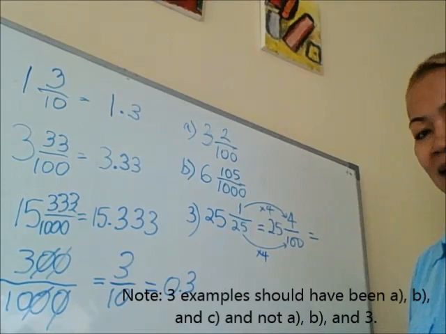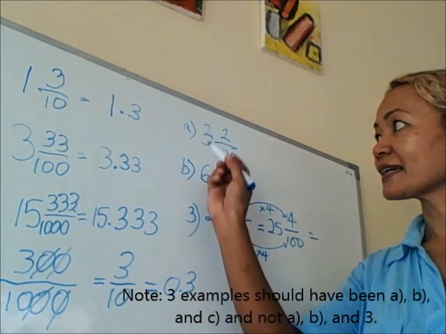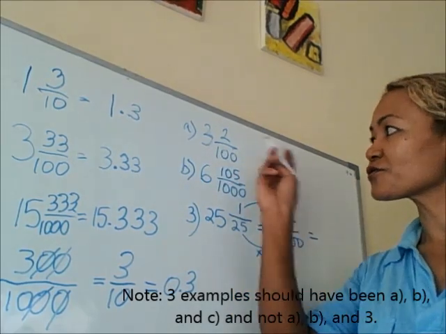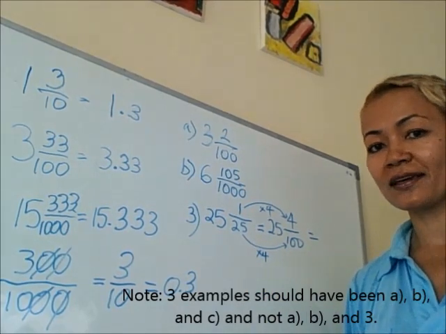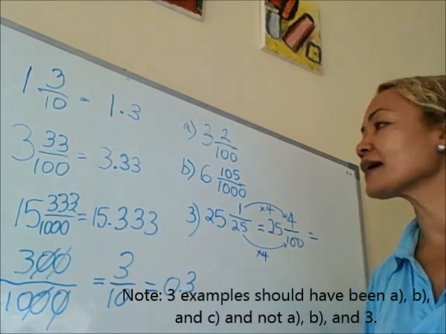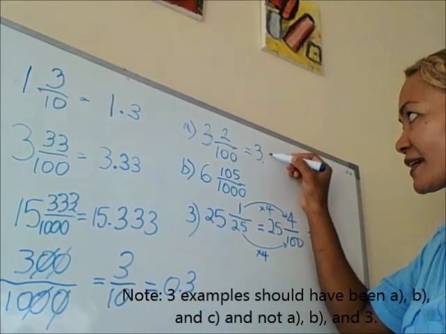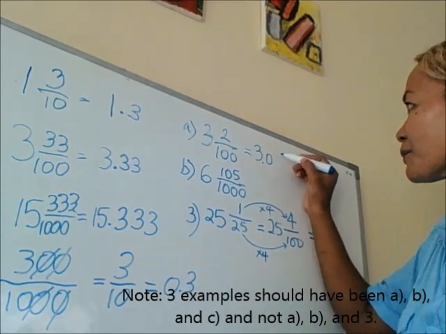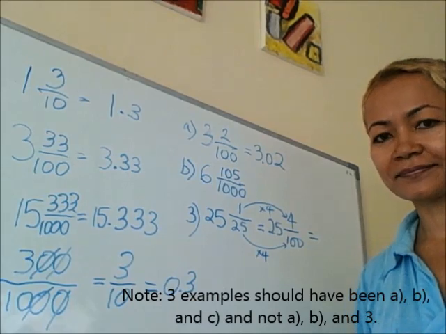Okay, so at least we've got it to this point. Now 3 and 2 over 100. 2 is over 100, so we're talking about the 100th column, not the 10th column. So it is equal to 3 point, we leave a 0 in the 10ths column, and we put the 2 in the 100ths column.